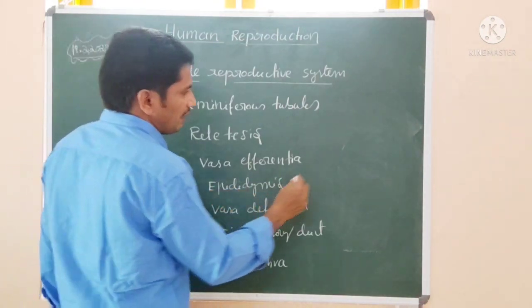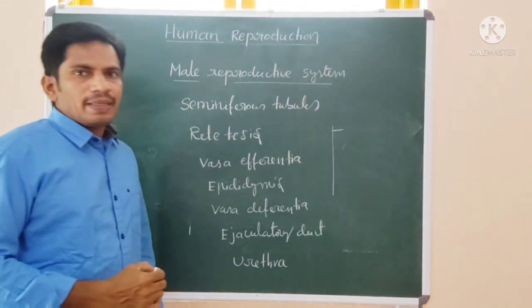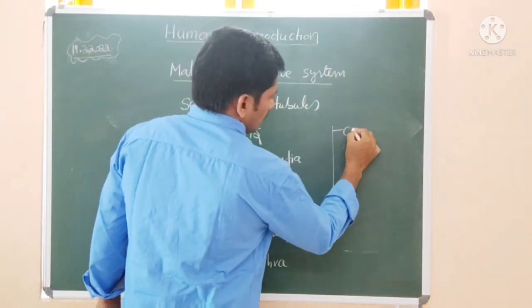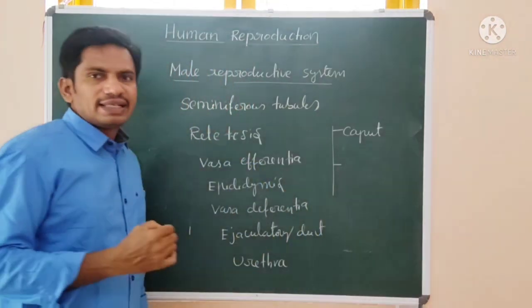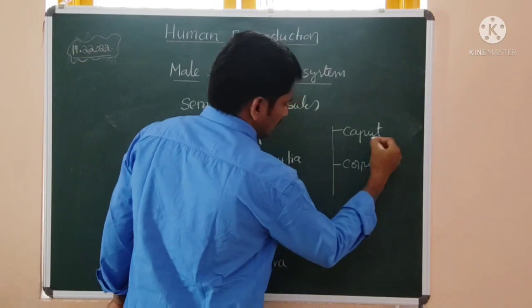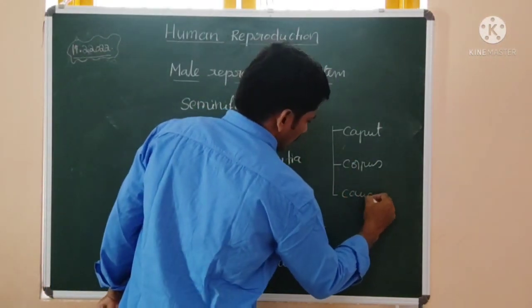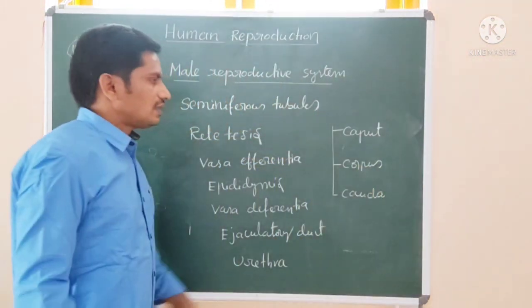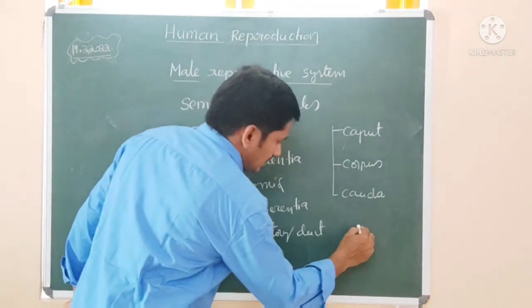Now the vasa efferentia, present in the testicular lobules, open into the epididymis. See here, the epididymis consists of three parts: the caput epididymis, the second one is the corpus epididymis, and the third one is the cauda epididymis. This epididymis is present posterior to the testis.